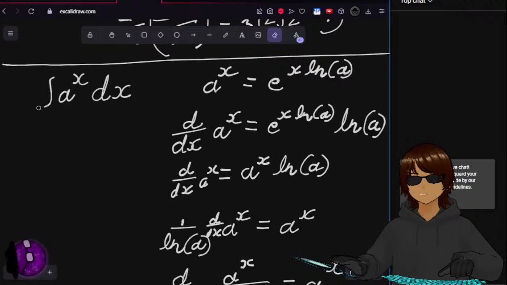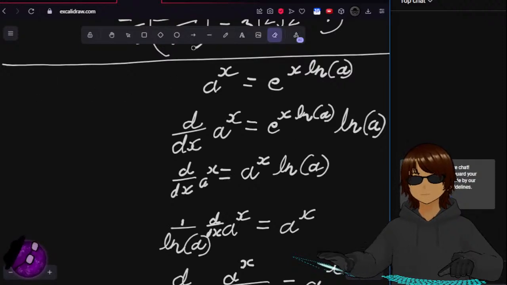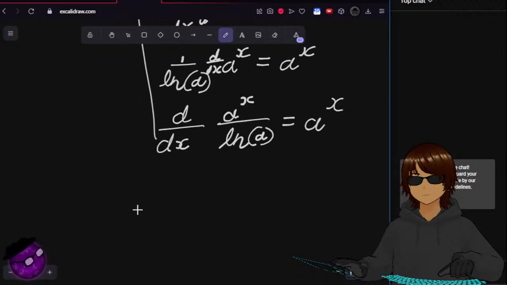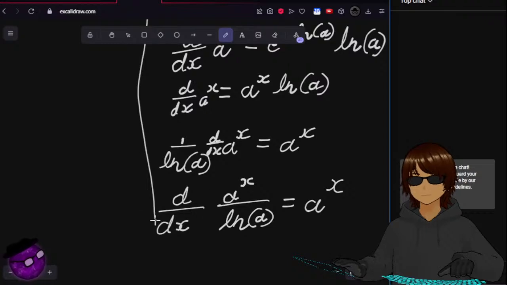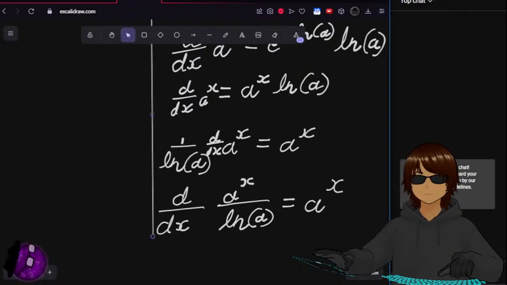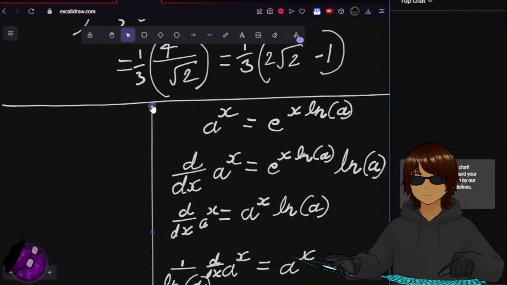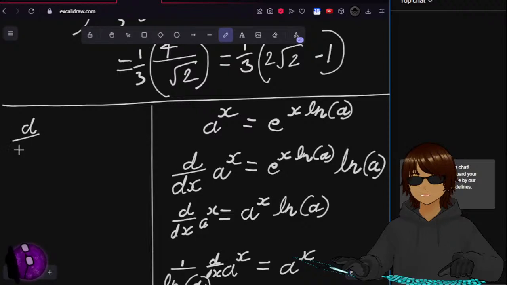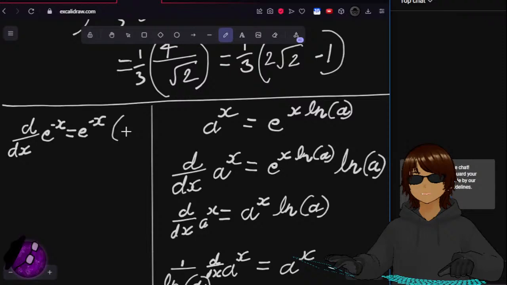Okay, let's erase this. Let's draw a line here. So, the derivative of e to the power of minus x: first you differentiate with respect to minus x, and then you differentiate minus x with respect to x, which just gives you minus 1.